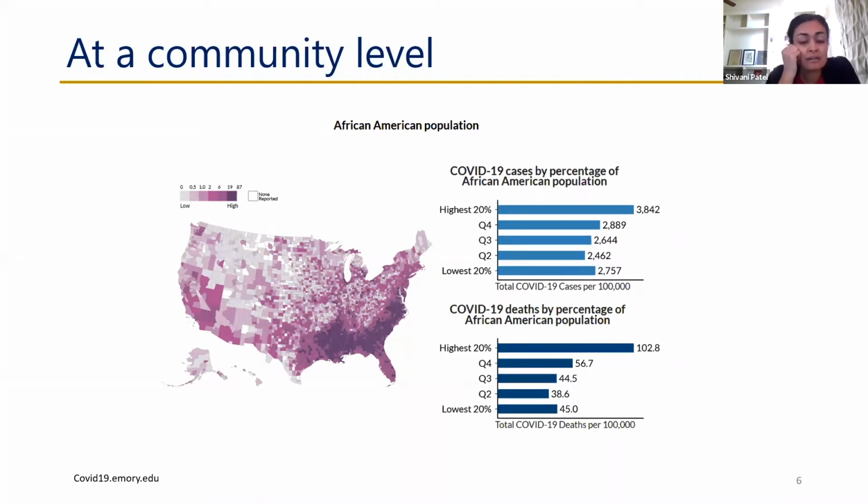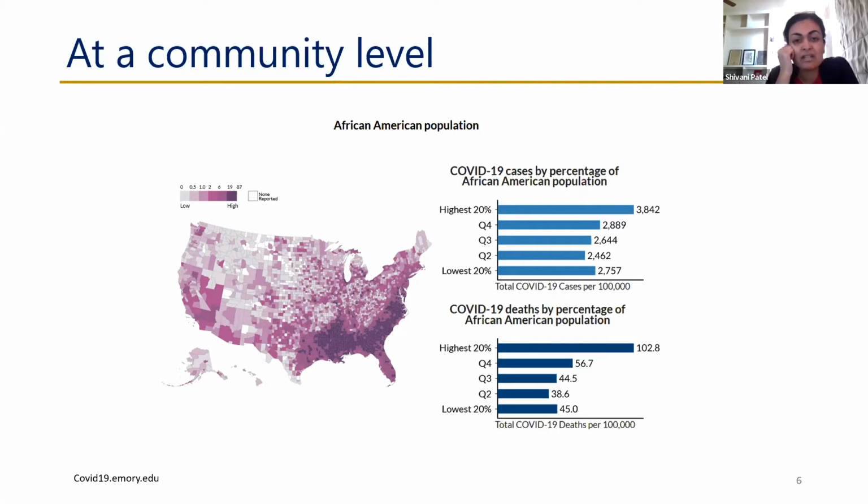It's an ecological analysis. So what we did was divide those counties into groups of five, or quintiles. And on the right-hand side, we plotted the cases per 100,000 and the deaths per 100,000 in each group of counties defined by the proportion of African Americans.